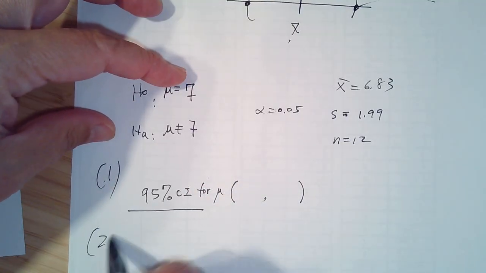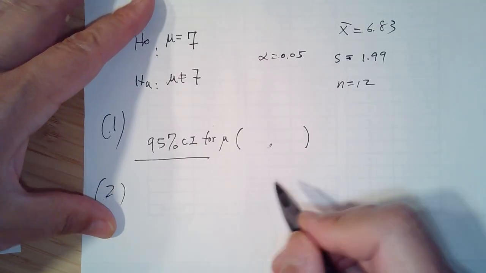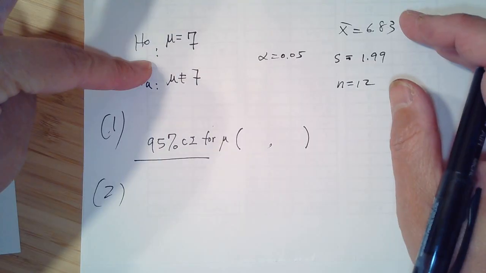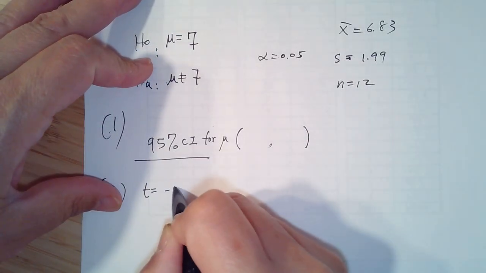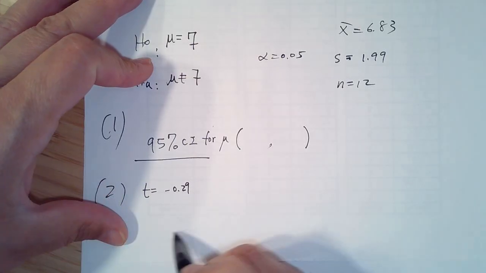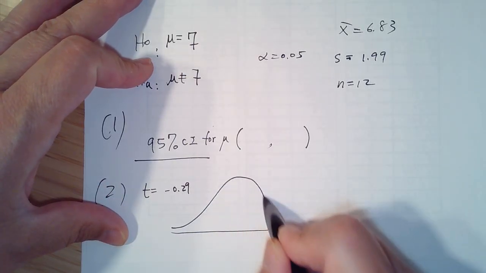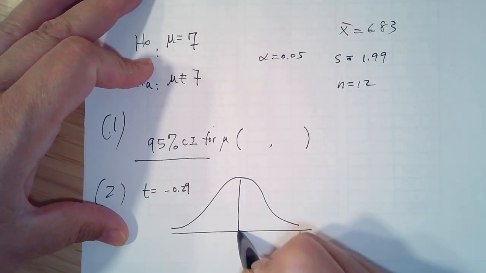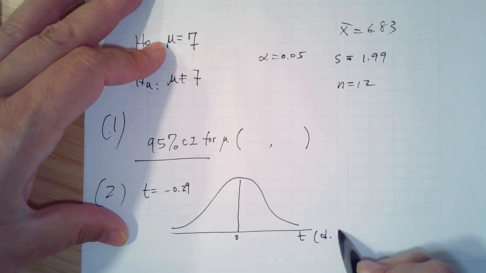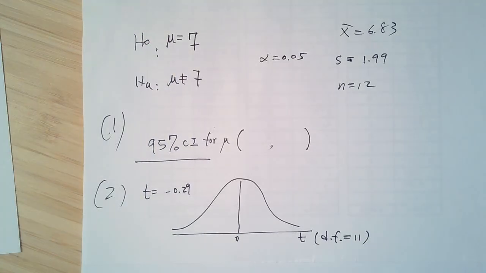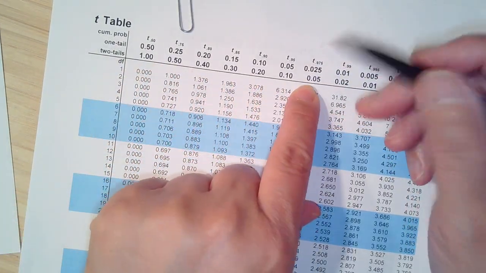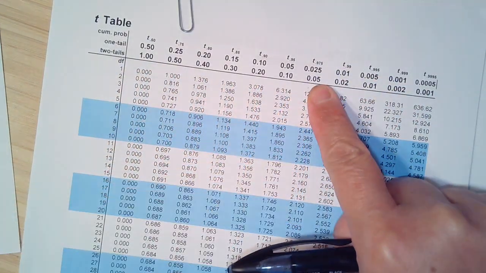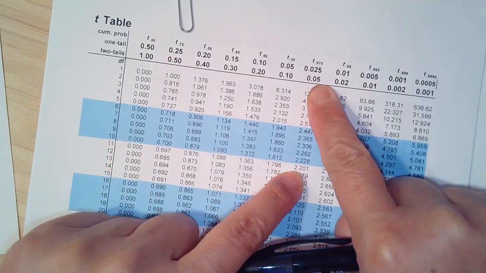And the second one is you test. No matter if it's a one-tail or two-tail test, your test statistic t should be the same, negative 0.29. And then you're going to use this t, here's a 0, and the df equals 11. Now alpha 0.05, but two-tailed, you have to go to here. So this is 0.05, df 11, we get 2.201.